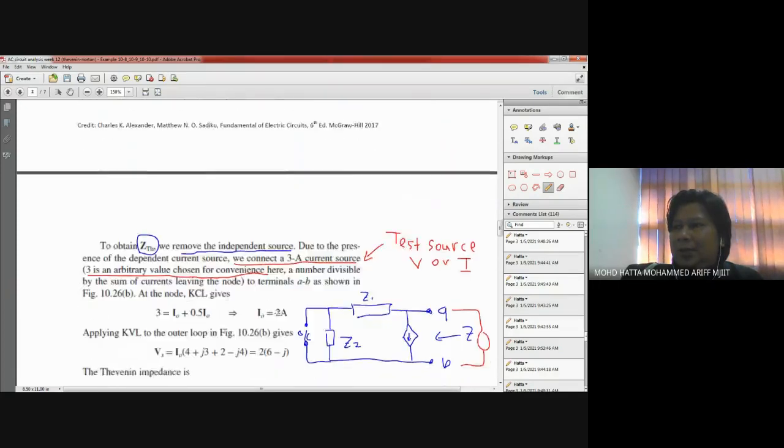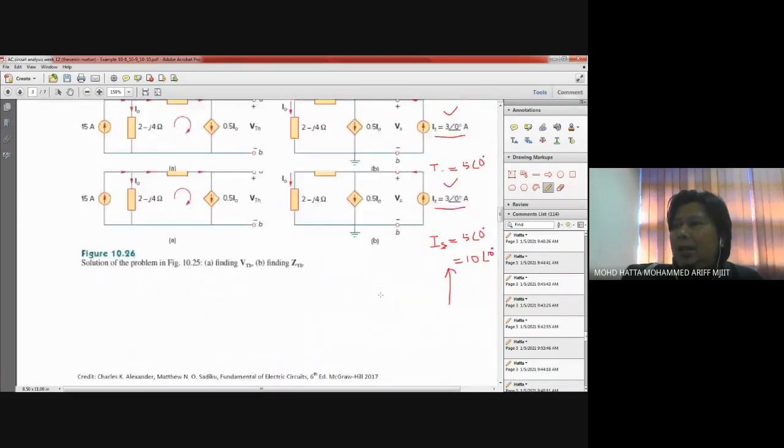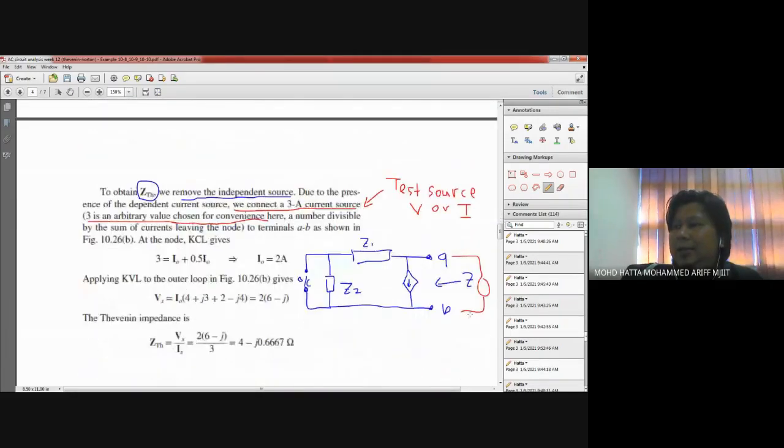So basically, this is the one that I mentioned just now. And the current direction is always pointing upward over here. Just put it pointing upward. And if you put this one as a voltage source, the positive terminal should be at the top, negative at the bottom. This is also for your convenience.